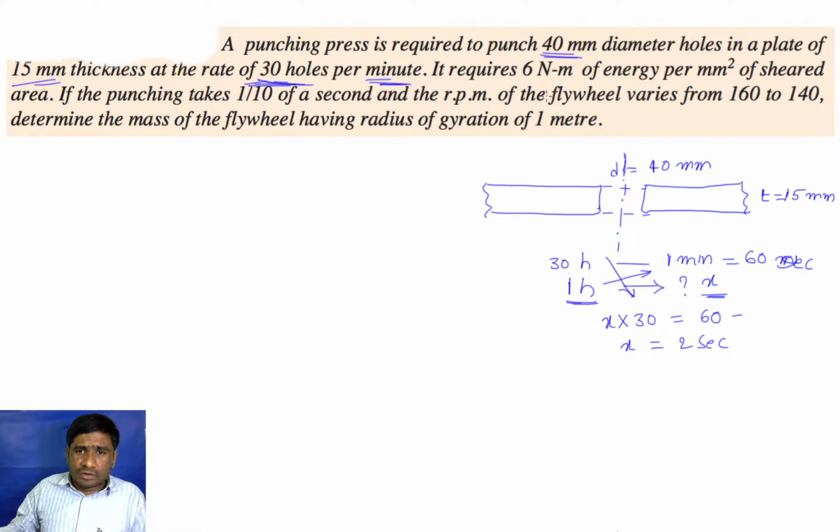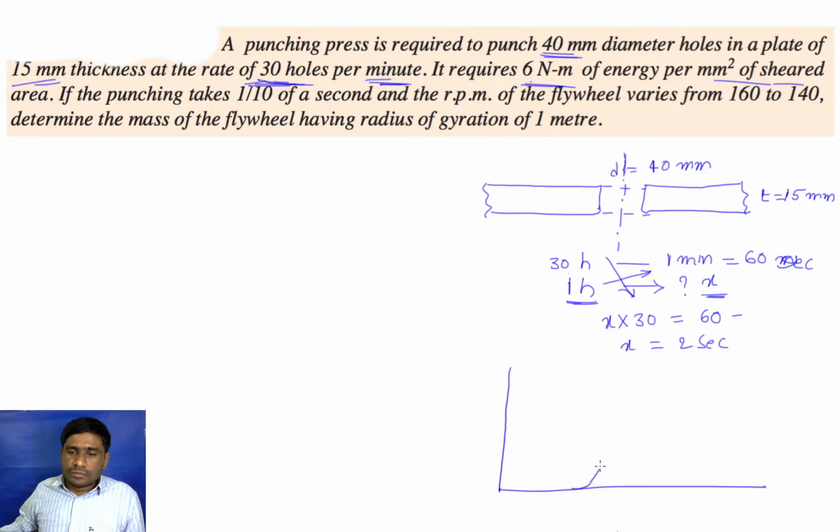That's what he has given, and it requires 6 Newton meter, or 6 joules, of energy per mm square of shear area. Once again, let's go back to our original discussion. Here, this is the area. This is the resisting torque Ts, and this is the crank rotation.